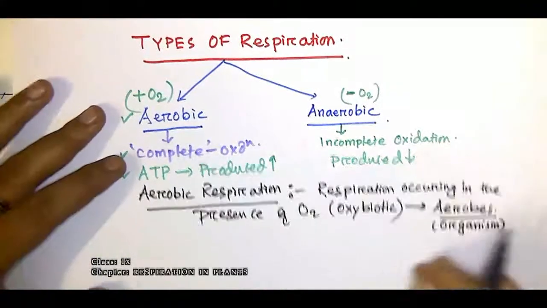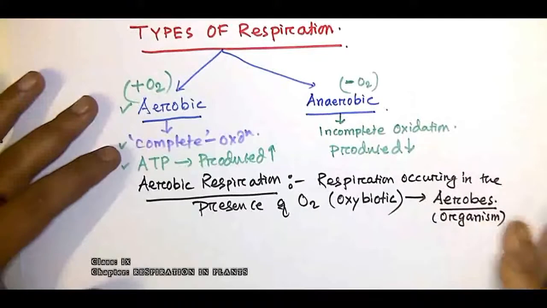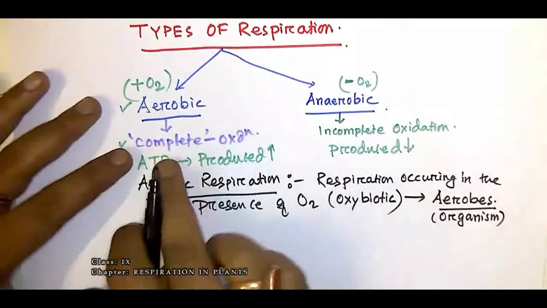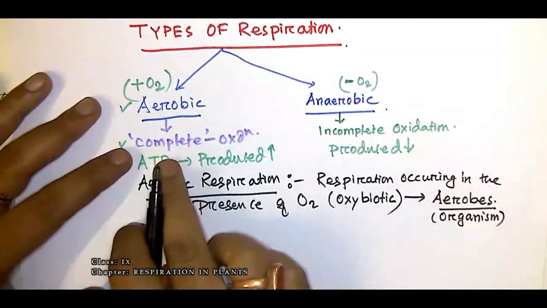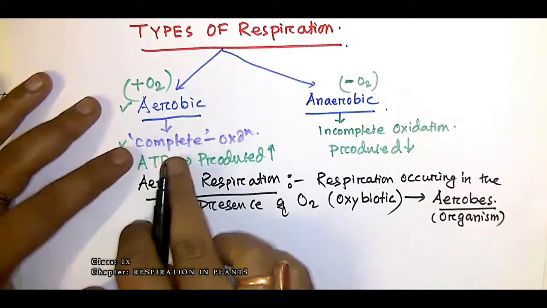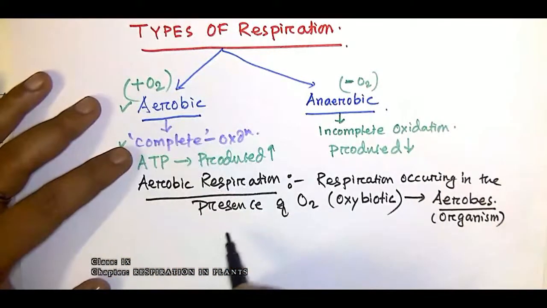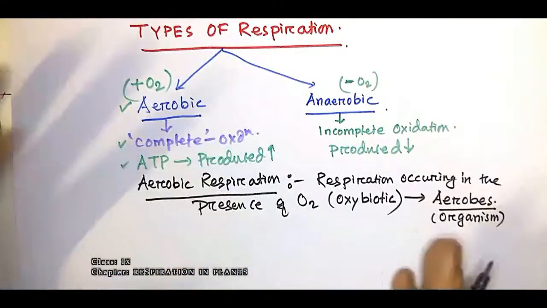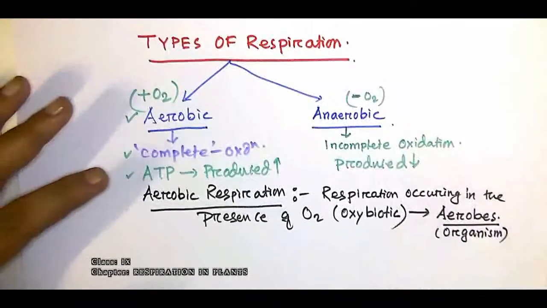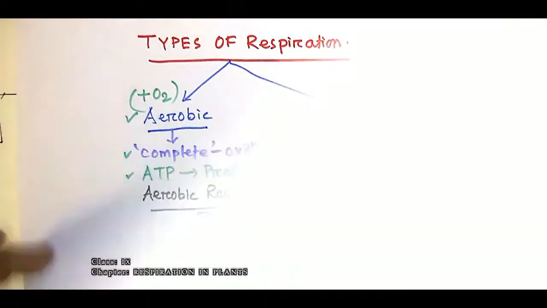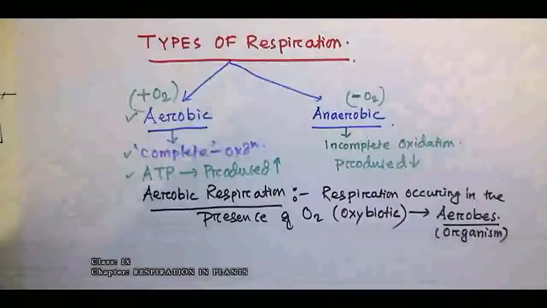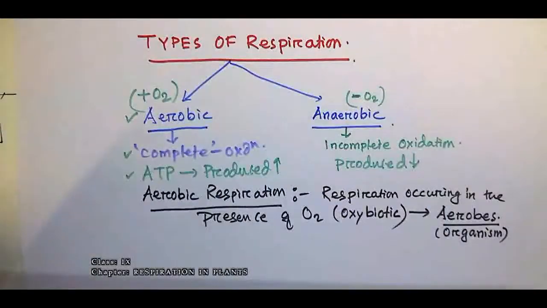Clear? Now, during aerobic respiration, glucose is completely oxidized. I already mentioned this earlier in the difference. So what are the end products that we are going to look into? If you remember, in the very first note we saw that glucose is getting oxidized. Have a look over here.